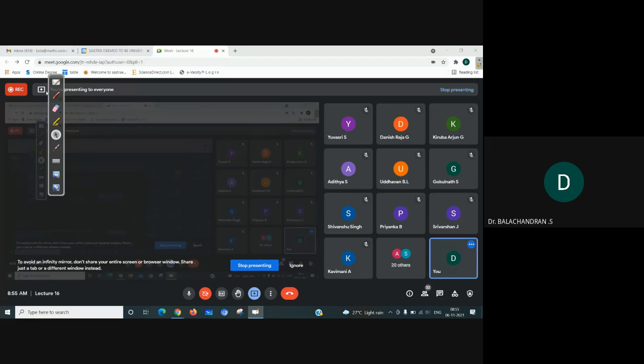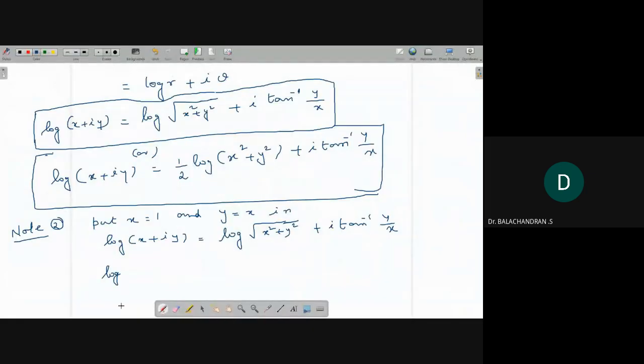Please tell what is the next step. x is 1, y is x. So log root of x square, x square is 1, plus y square is x square, plus i tan inverse of y by 1, that is x by 1, because x is equal to 1.